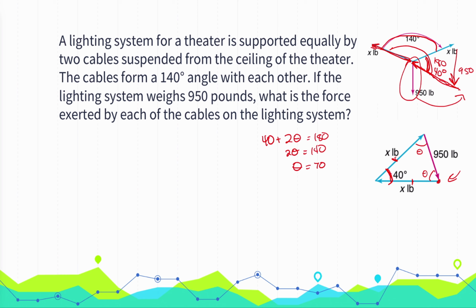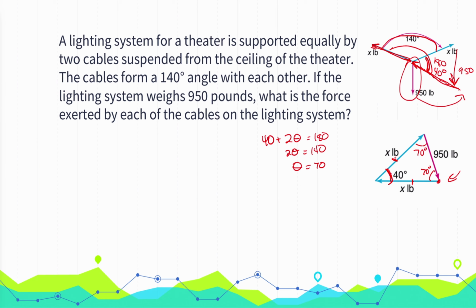So we get these two 70-degree angles. Now we know all of the angles and we know one of the sides, which means that we can use the law of sines. We could use the law of cosines too, but the law of sines is easier.